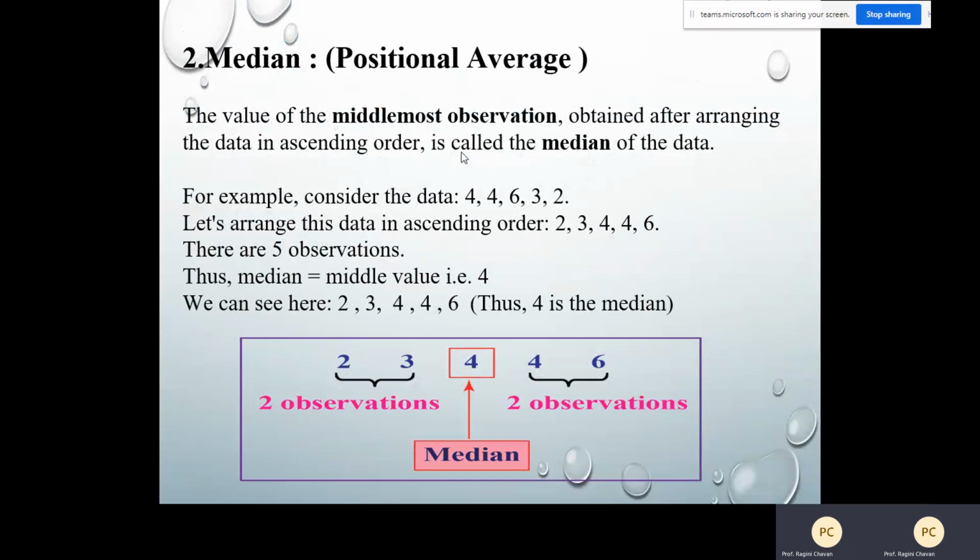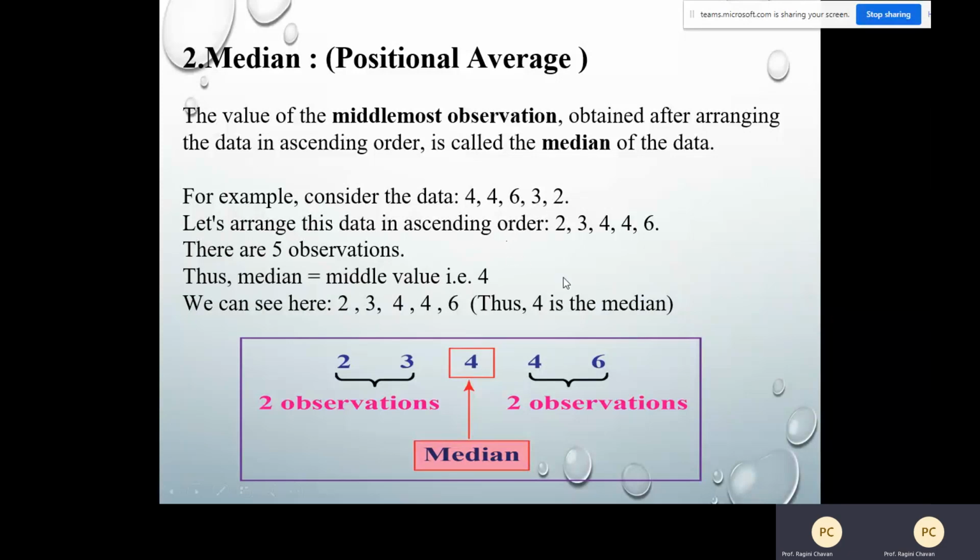Now we'll move to the next measure of central tendency, that is median, which is a positional average. Median is nothing but the middlemost observation obtained after arranging the data in ascending order. For example, suppose we are having data values as 4, 4, 6, 3, 2.